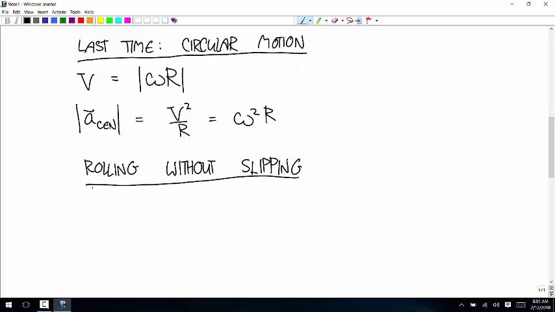And there are 2 facts about rolling without slipping. The first one is that the speed of the center, capital V sub c, the center of the wheel, is equal to the absolute value of omega r.